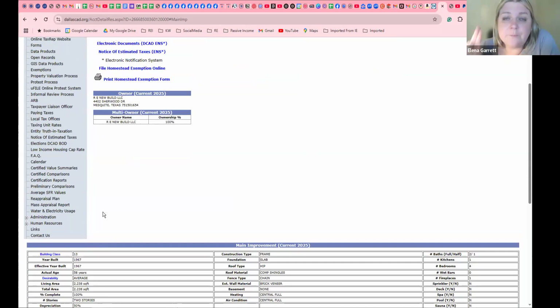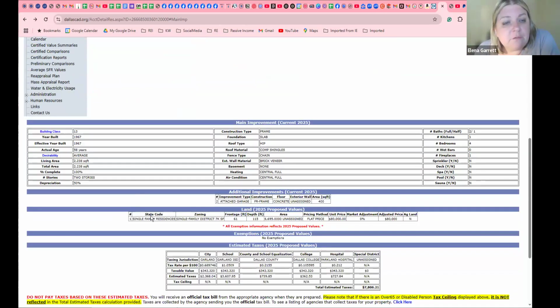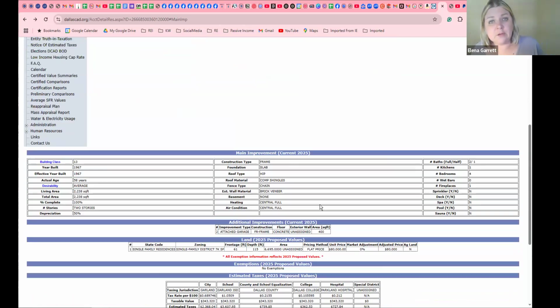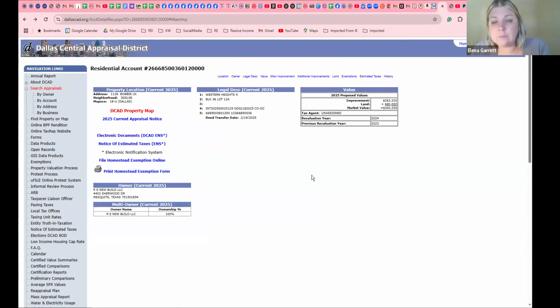That's super important. Next, we're going to take information about your land. In this particular case, they say that you currently own 6,695 square feet of land, and we're going to divide the land value by that number. Hold on, let me see if I can calculate it real quick.